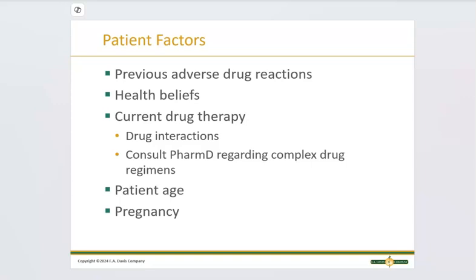Your clinical PharmDs are going to be your best friends. They're very helpful in these because they understand these drug interactions. You also may get warned and alerted to death from the electronic medical record dinging every time you order anything.